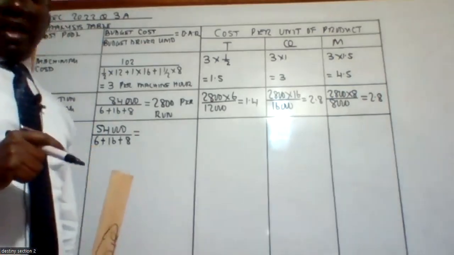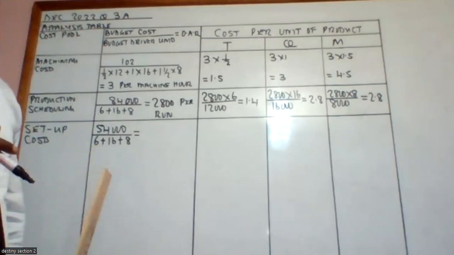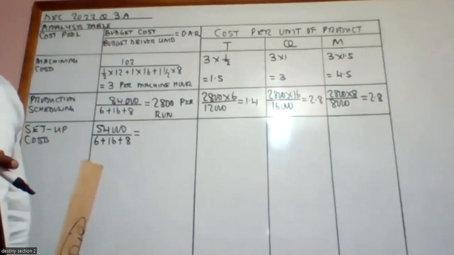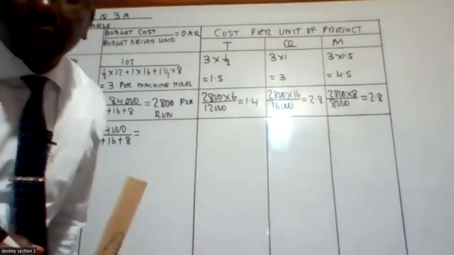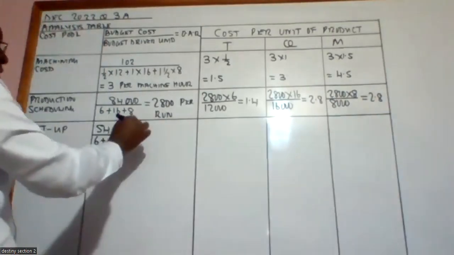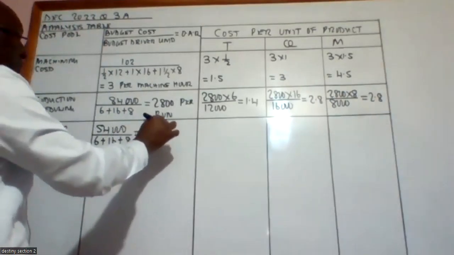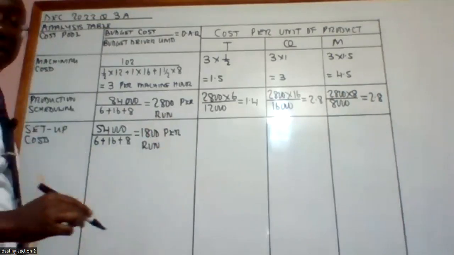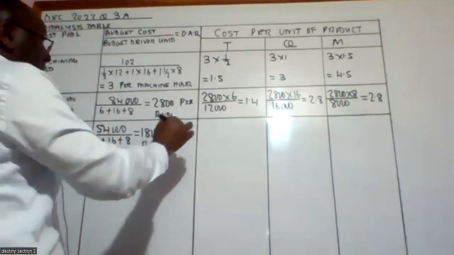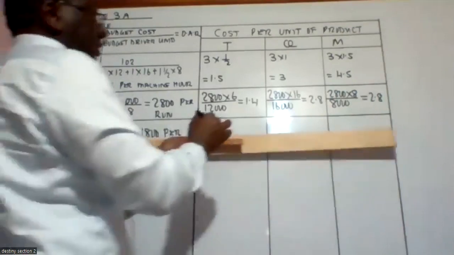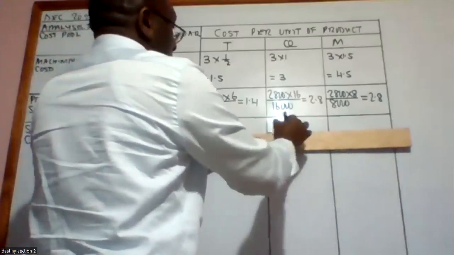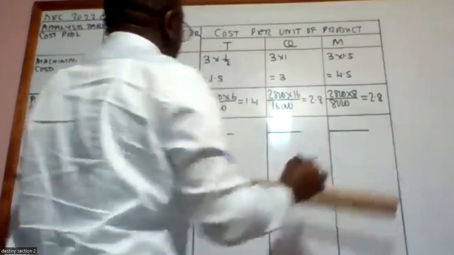So tell me what that one is. 1,800. 1,800 per run. And with that, we do the same thing that we have done with the other one.